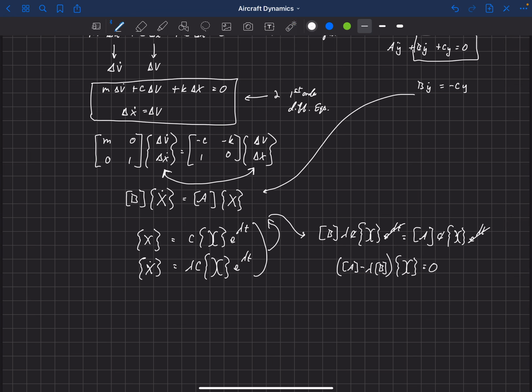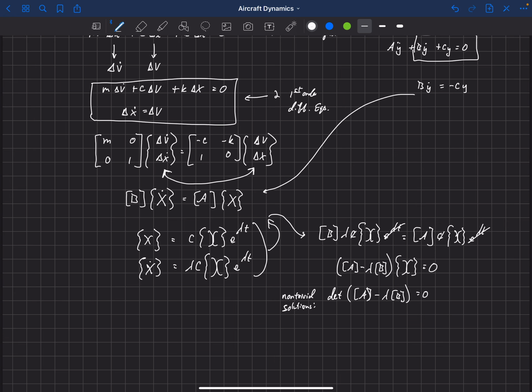And so you can show that the non-trivial solutions can be found when the determinant of this, A minus lambda B, equals 0.